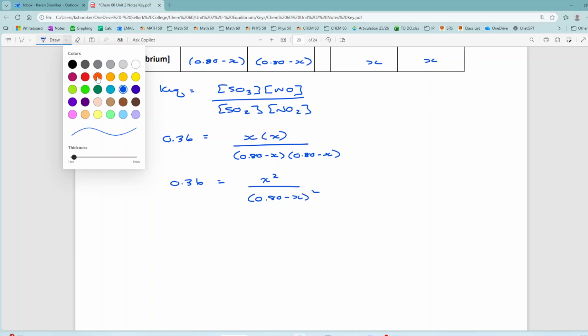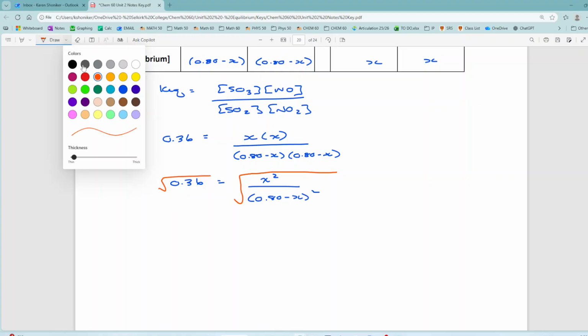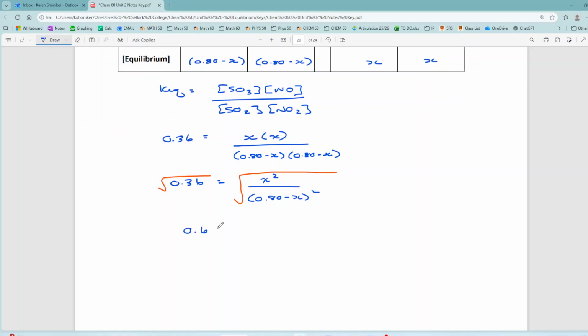And again, these questions will always be set up this way so that you can take the square root. So the square root of 0.36, I think it's 0.06, but let's check. Yeah, it's going to be 0.6. Let's keep track of sig figs, so let's say 0.60 is going to equal X over 0.80 minus X.